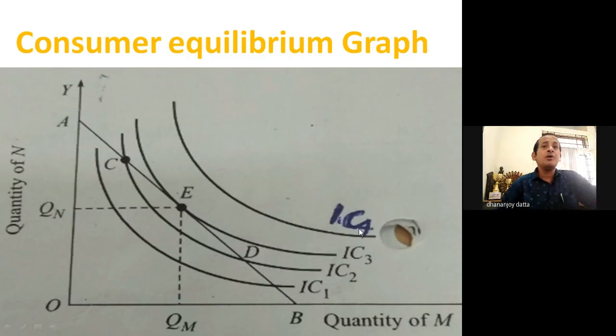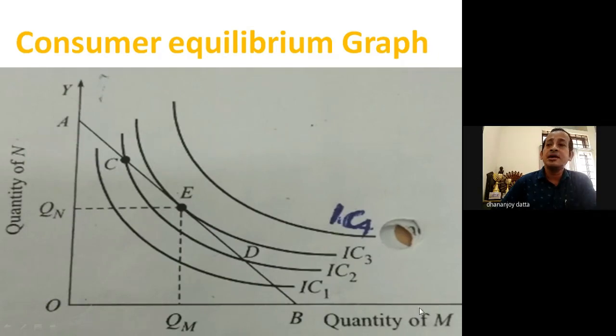Okay, now with the given income or with the given price, with the constant budget, we are going to explain the consumer equilibrium graphically. Now here, on the y-axis, we can see the consumer can purchase OQN quantity of N product.